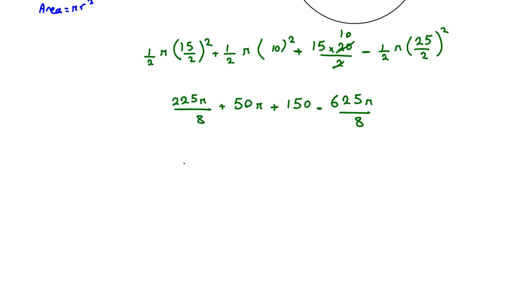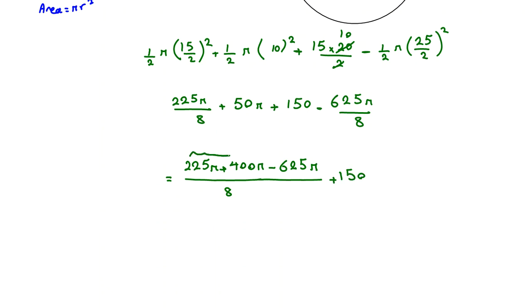Now let's simplify as much as we can. 225 pi plus 8 times 50, 400 pi, minus 625 pi, plus 150. As you can see, the sum of these two things will be 625 pi, and they will be cancelled, and the answer is 150.